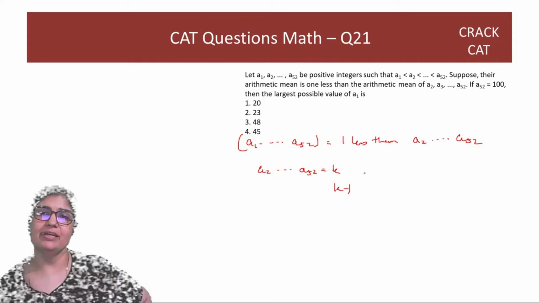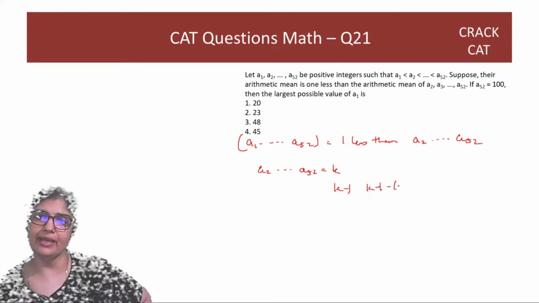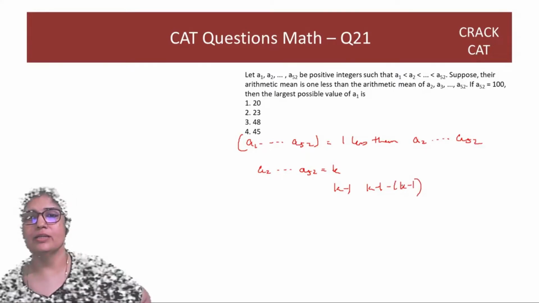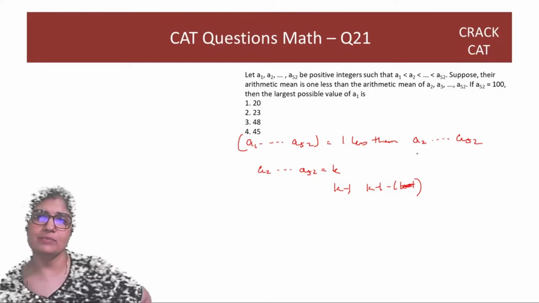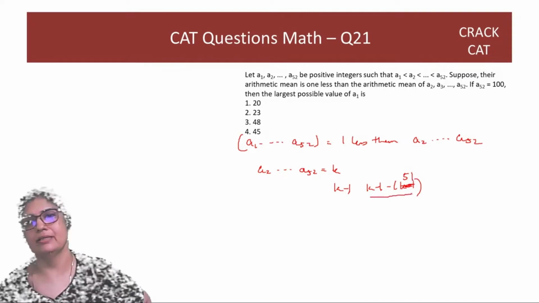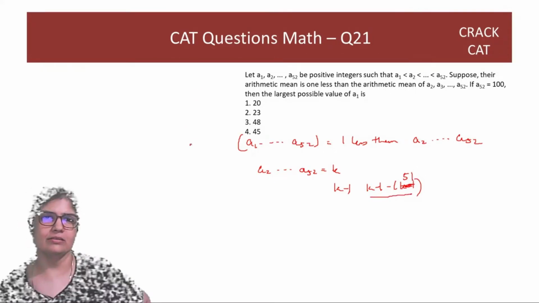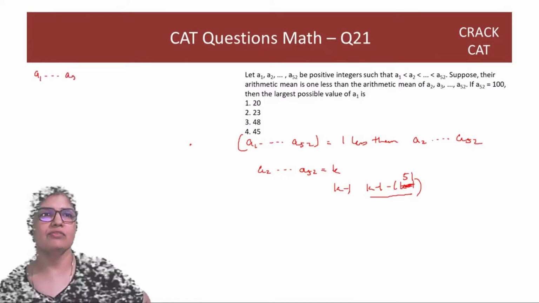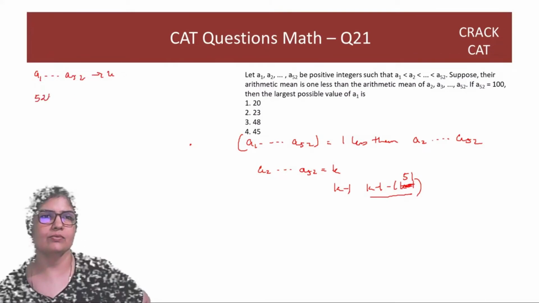So A1 is K minus 1, from which each one takes that average away, right? So how many people are there? There are 52 people, out of which we have already removed one, so 51. Each one takes that away, right? So we can do the maths here. What is the maths? If the average of A1 to A52 is K, then their sum is 52K.